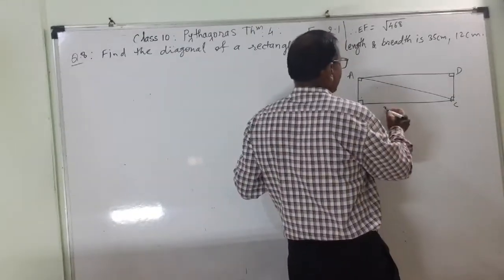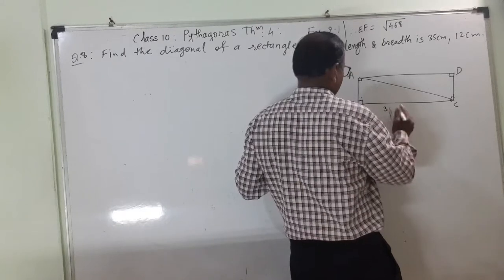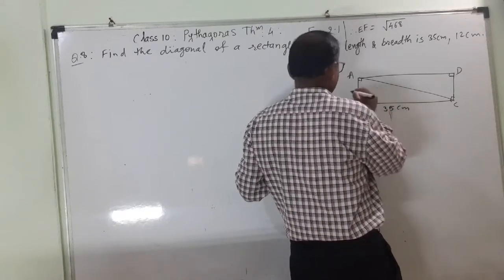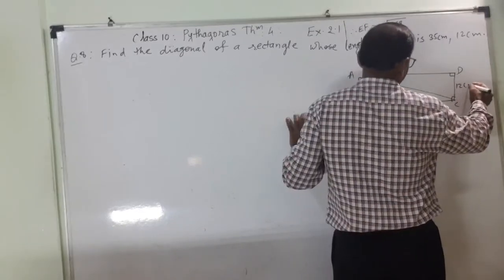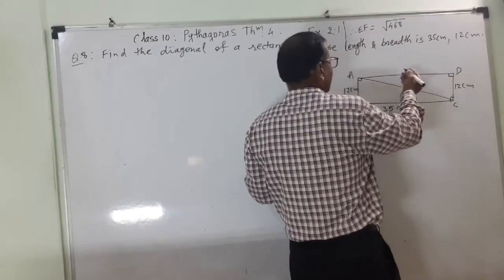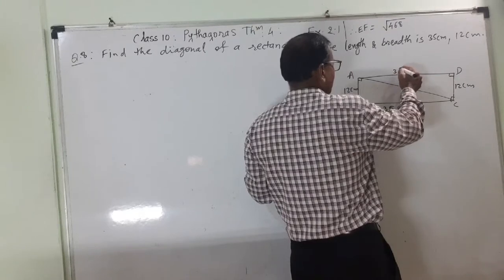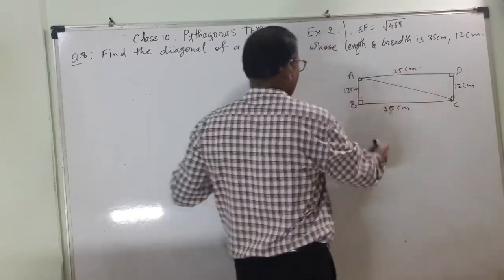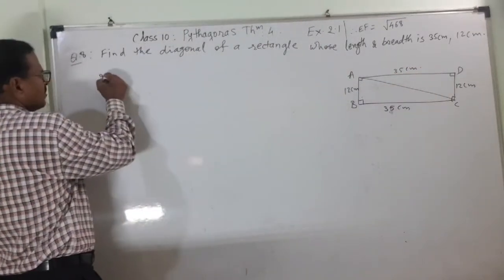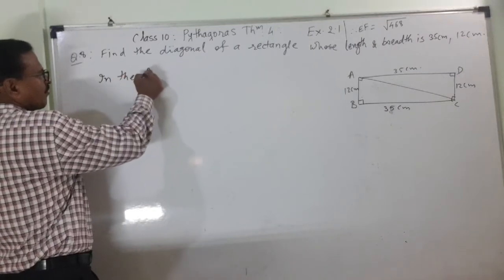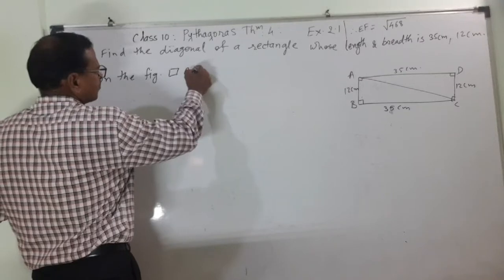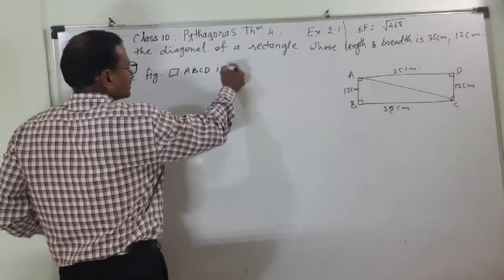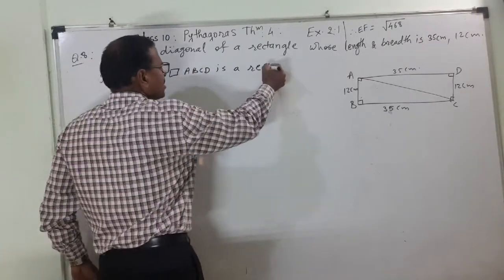So this is 35 cm. This is 12 cm. This is also 12 cm because opposite sides are equal. No need to mention 35 cm in the figure. Quadrilateral ABCD is a rectangle. We have to mention it.